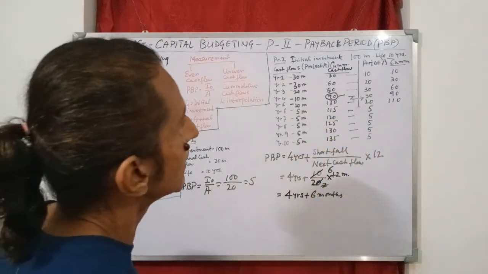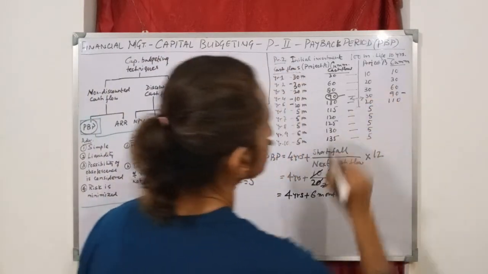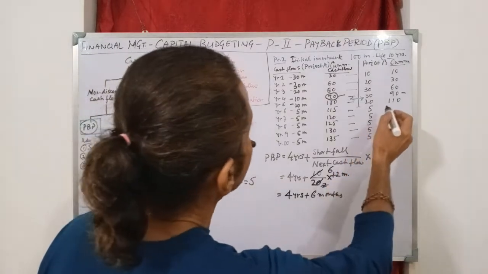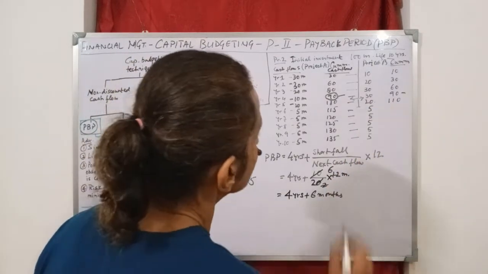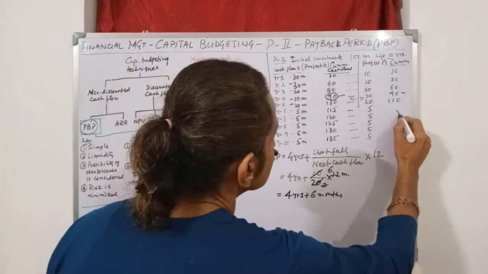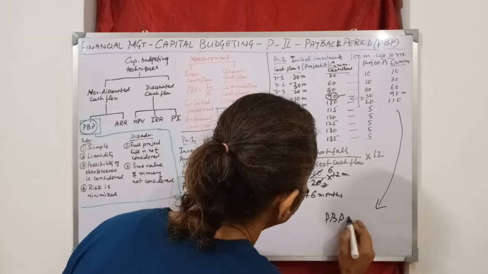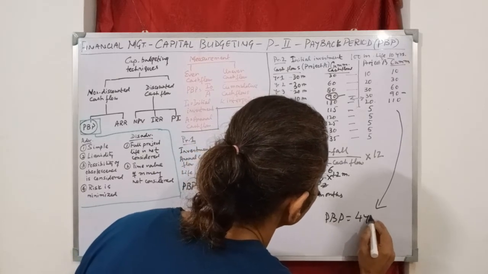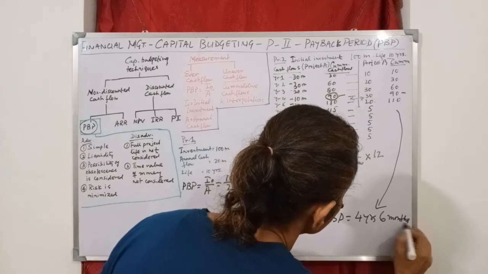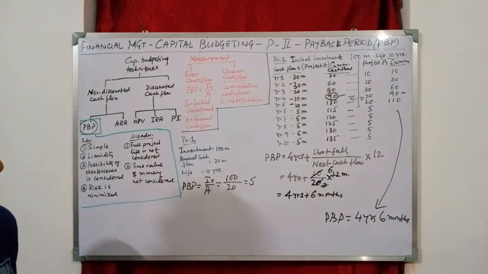After the fourth year, 90 million is recovered and the next cash flow is 20 million. So in this case also, the PBP is the same, 4 years, 6 months. So both the projects are giving the same PBP.